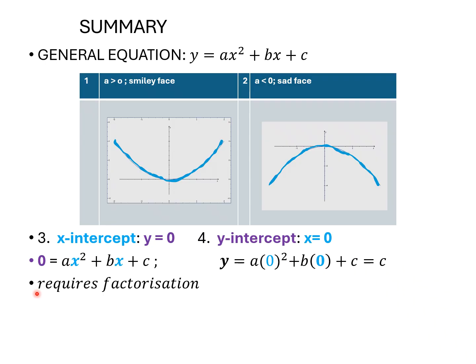For the parabola, to get the x-intercepts we're going to require factorization, so x-intercept will always test your factorization skills. And for the y-intercept, when I place 0 in the place of x, the only thing that's left is c, because c has no x attached to it. So in short, whatever I write here, if it's 5, you can go straight to y-intercept, y equal to 5.